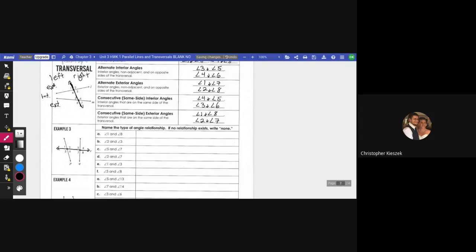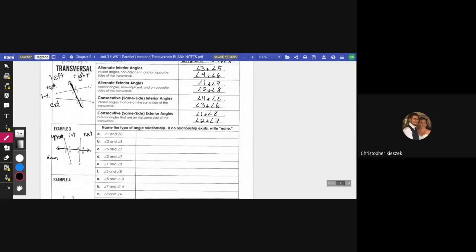So before we even talk about the angles, let's talk about what parts we have here. Before we had right and left, but we can talk about up and down. Which part would be interior, which part would be exterior? Remember, interior is between the two lines with the transversal, and the exterior is the other part.